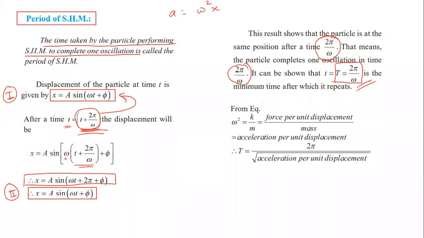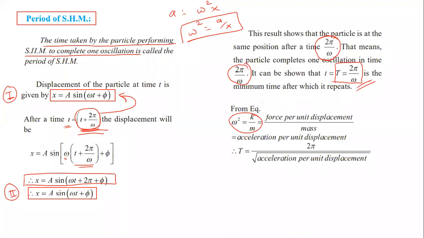So k by m represents acceleration per unit displacement, meaning omega square. You can write omega square is a by x. So this is the first equation, and the second equation of omega square is this.